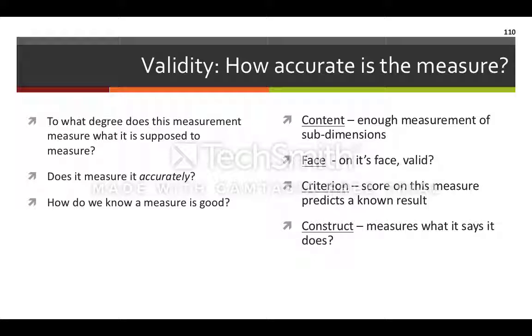Two other kinds of validity that are similar to each other are content and construct validity. So construct validity looks at how well our test measures the construct or concept of zombiehood or satisfaction. Content validity looks at if we're measuring all the different elements that make up that construct.